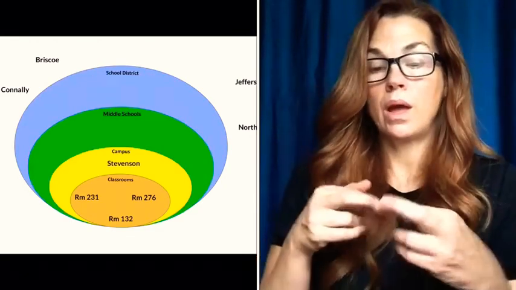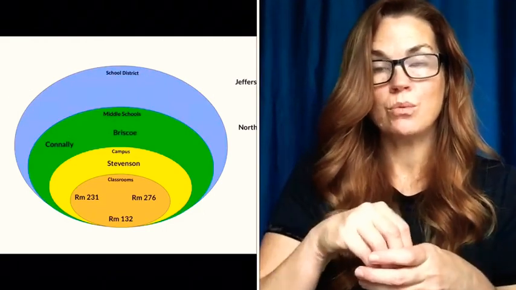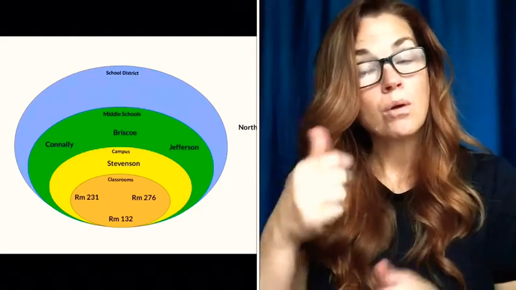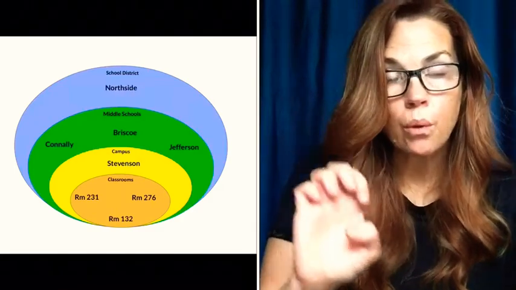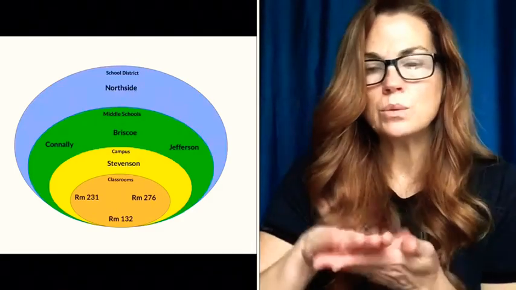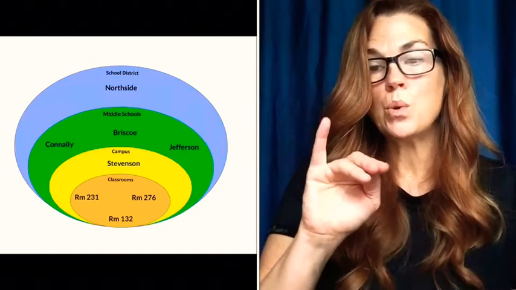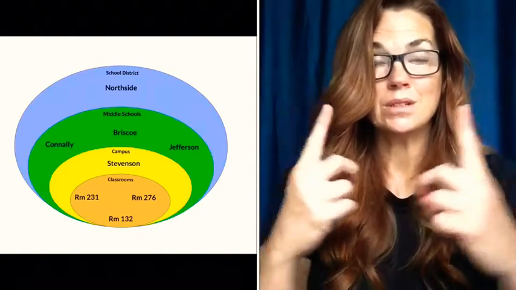But in fact, there are other middle schools like Connolly, Briscoe, Jefferson, and some others that also include Stevenson. And all of them are schools in Northside School District. So Northside School District includes all of those middle schools, as well as Stevenson, and the classrooms inside of them.